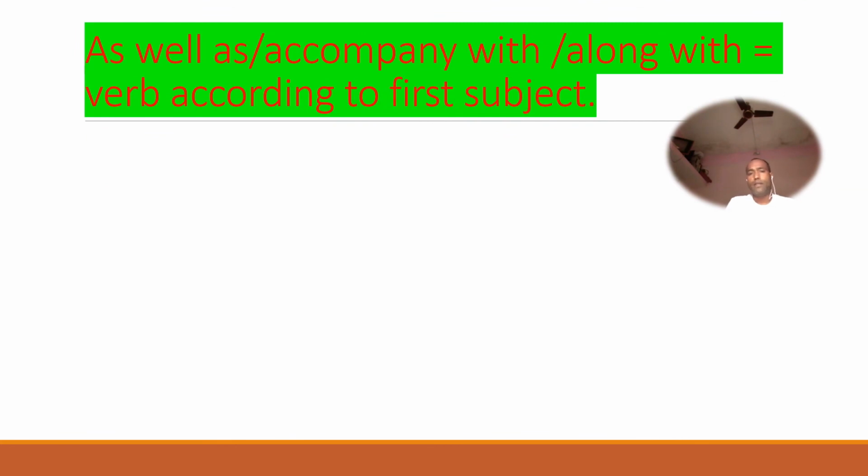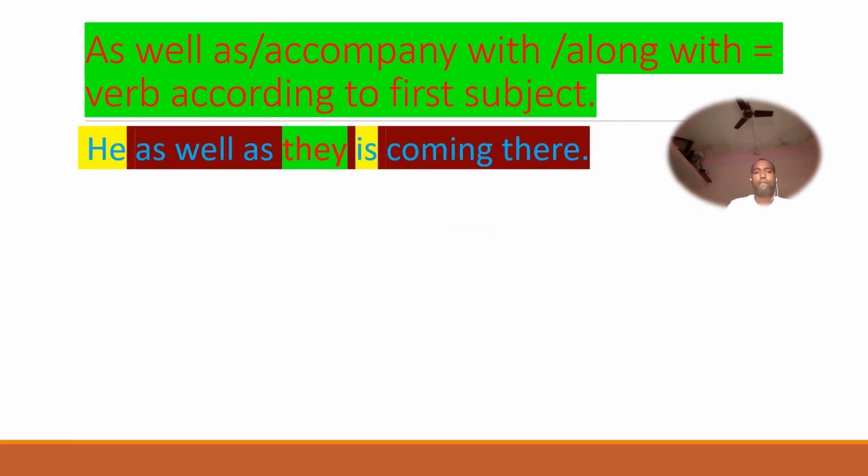Now this is very interesting: as well as, accompany with, along with. If two subjects are joined with as well as, accompany with, or along with, then we use the verb according to the first subject. Let us see, he as well as they. So we find here two different subjects.